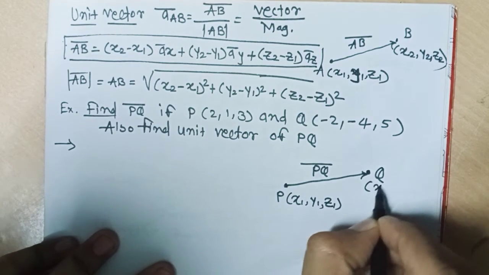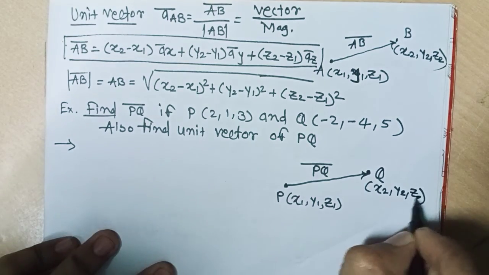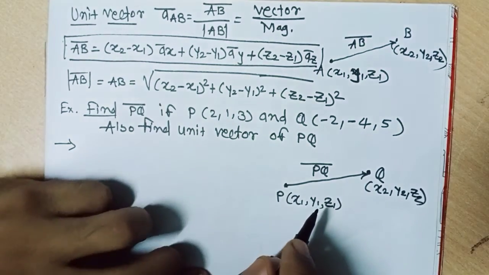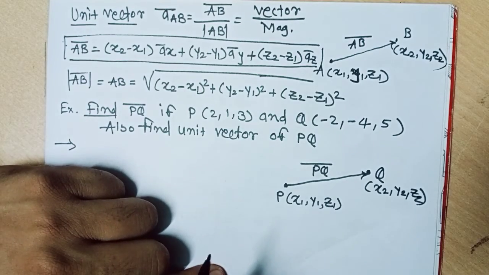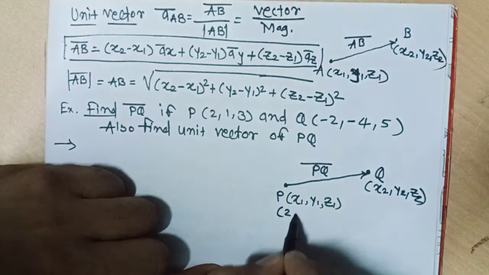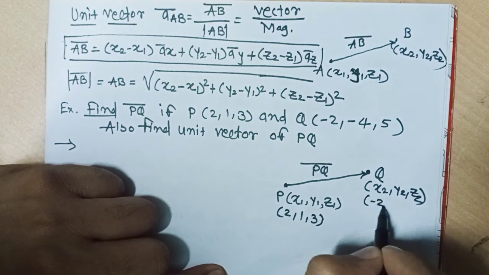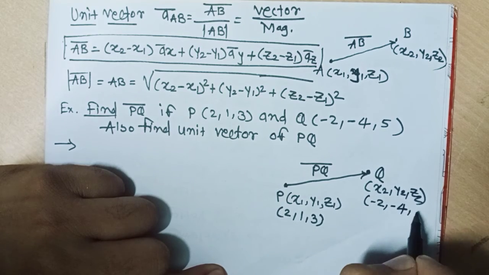This is going to be x2, y2 and z2. We know the real values of x1, y1 and z1 as well as x2, y2, z2. These are 2, 1, 3 and here it is -2, -4, 5.